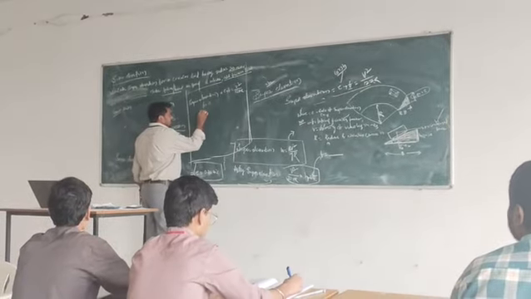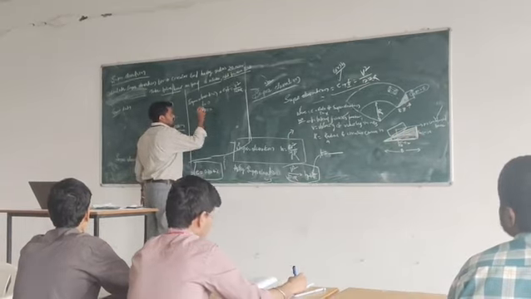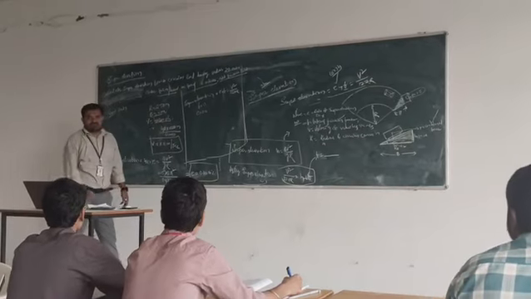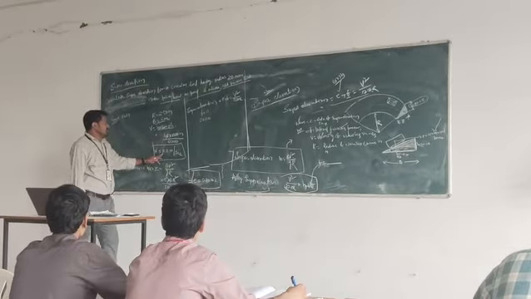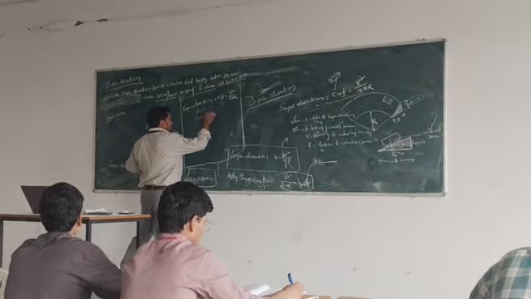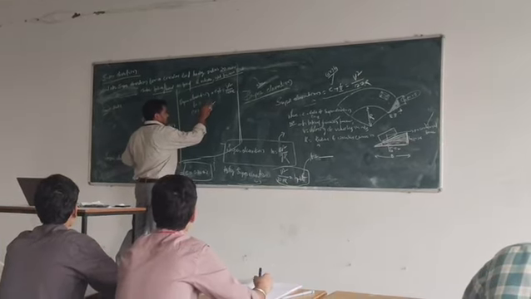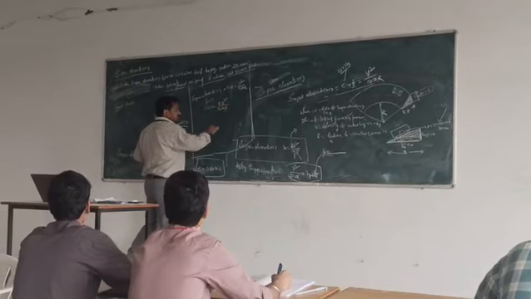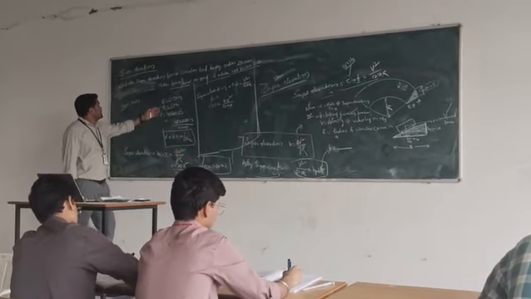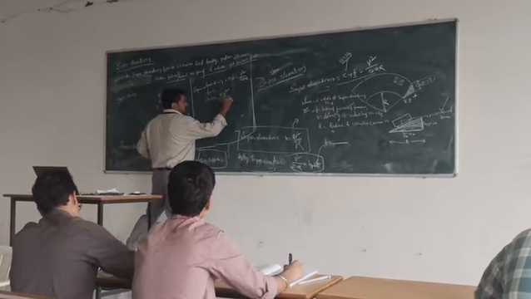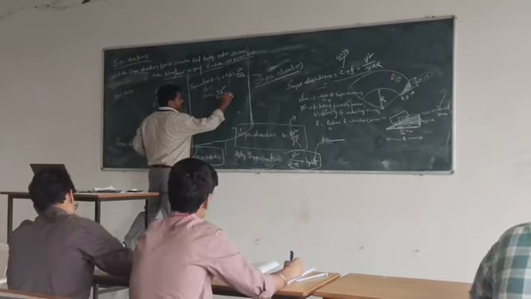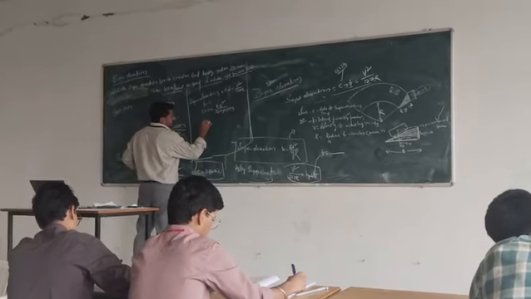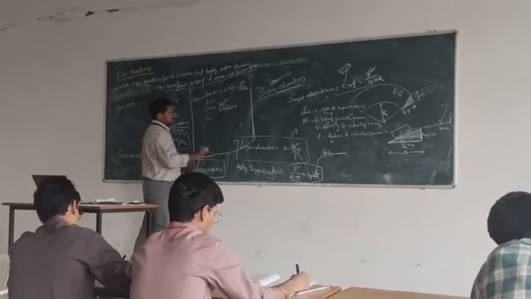So E plus 0 is equal to V, the speed of the vehicle, 11.11 squared by 127, R means 250 meters. So then E is equal to how much?